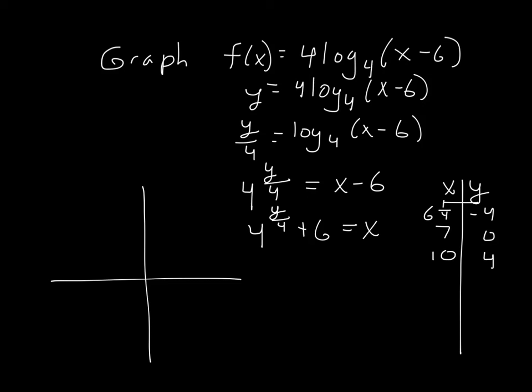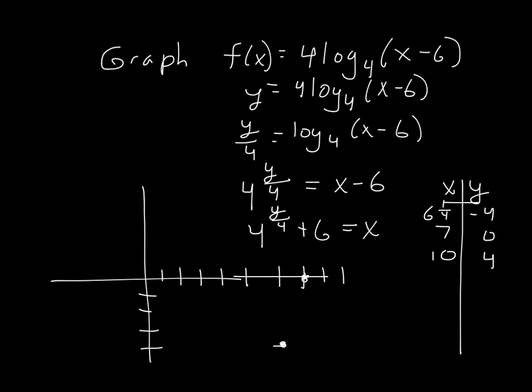Six and 1/4, -4. So 1, 2, 3, 4, 5, 6, 7. So this would look something like this. And you get 7, 0, which is easy.